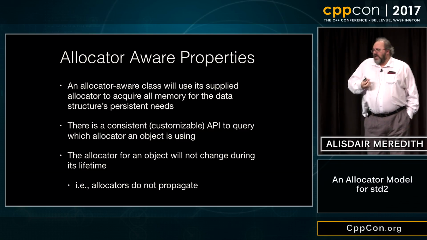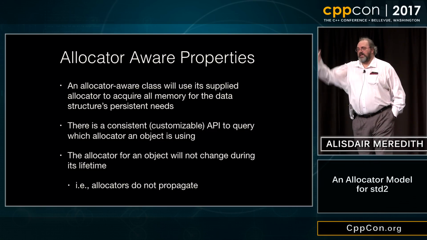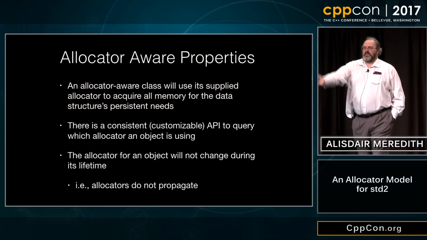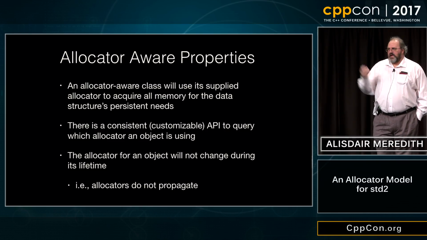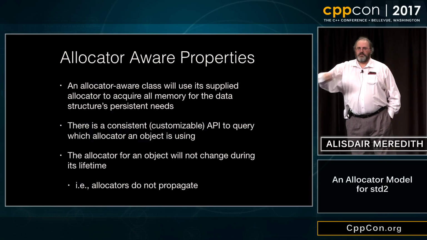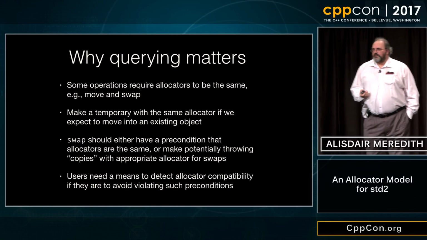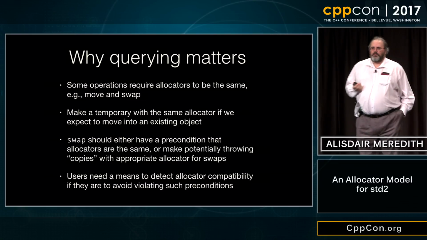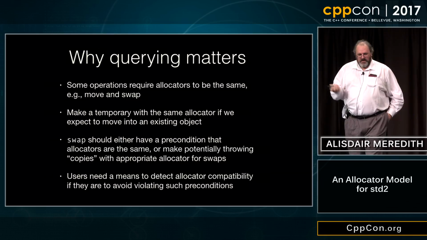There'll be a consistent API across the system that says, if I'm given an object, I can query it and say, what allocator do you have? Or do you use allocators at all? And this allocator is assumed never to change during the lifetime of the object, the non-propagation trait. Querying matters because when I come to things like move and swap, knowing if I've got the same allocator at both sides turns out to be a big deal.